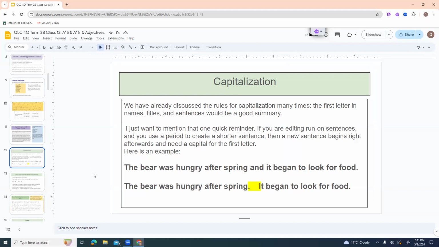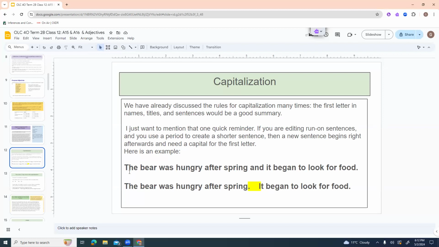The biggest, most important things are the first letter in names, titles, and sentences have to be a capital. And generally, you're not going to have a capital for no reason whatsoever. Okay. I do want to mention one quick reminder. If you're editing a run-on sentence and you use a period or another end punctuation to create a shorter sentence, then the new sentence is beginning right afterwards, and now it needs a capital for the first letter.